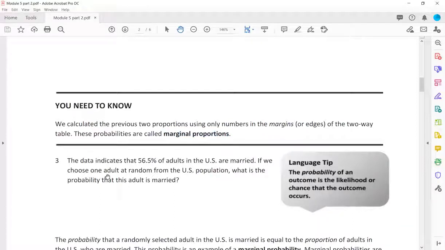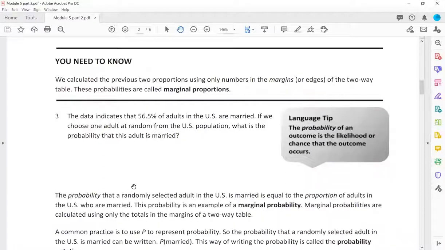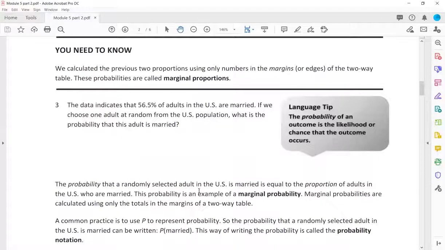If we choose one adult at random from the US population, what is the probability that this adult is married? The probability that a randomly selected adult in the United States is married is equal to the proportion of adults in the United States who are married.